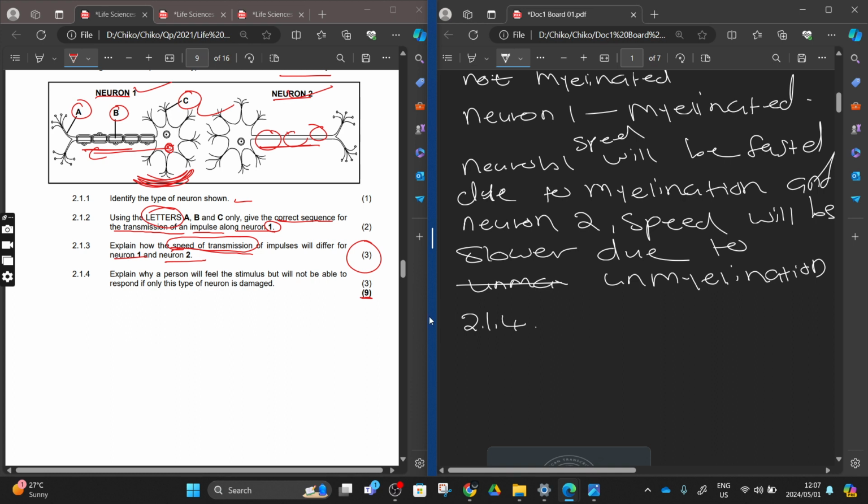2.1.4, explain why a person will feel the stimulus but will not be able to respond if this type of neuron is damaged. Yes, we want to explain why the person will feel the stimulus. We have the receptor, sensory neuron, interneuron, motor neuron, and effector.